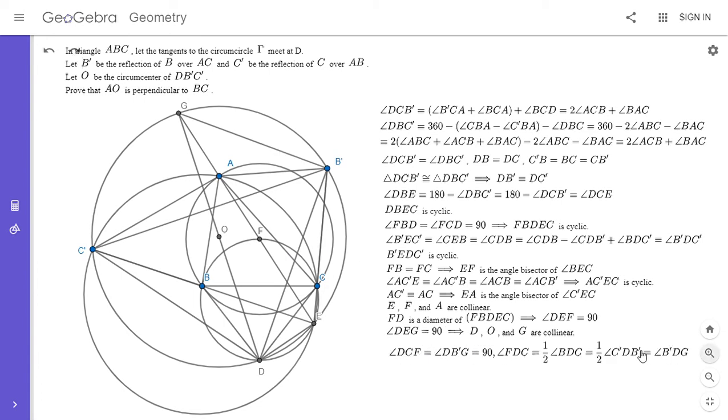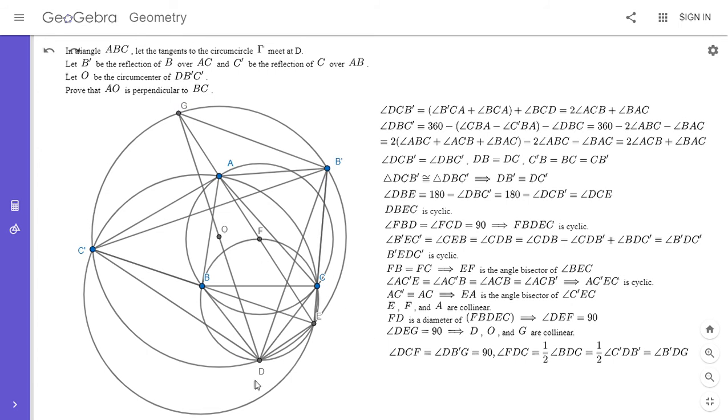Okay, so here I prove that those two triangles are similar. So angle DCF is 90 degrees because DF is a diameter, and angle DB prime G is also 90 degrees because DG is a diameter. Okay, and then it's not hard to show that angle FDC has to equal angle B prime DG. So I do that calculation here.